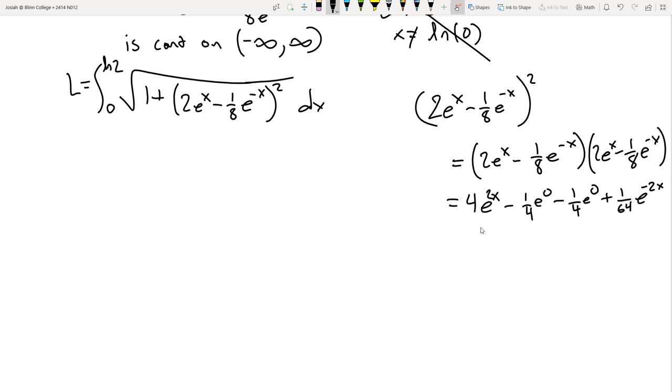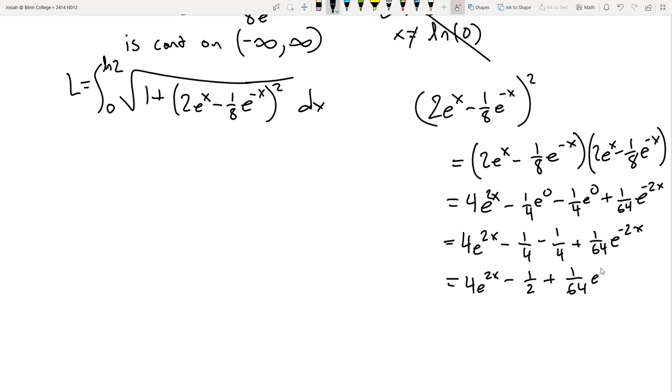All right. Those e to the 0s turn into 1s. So we got minus 1/4 minus 1/4 plus 1/64 e to the negative 2x. When we add those up in the middle there, those 1/4s turn into minus 1/2.